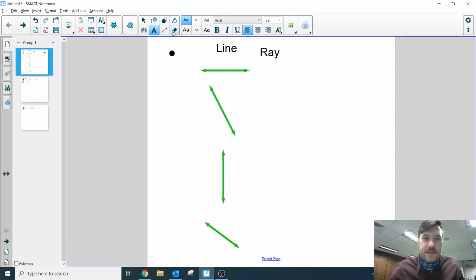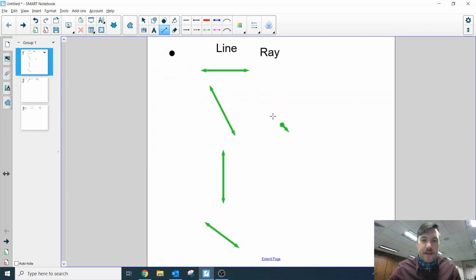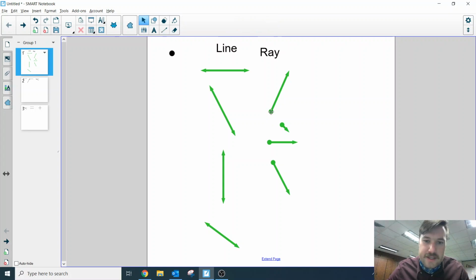Rays are a little bit different because rays start with a point, and then they go on forever in one direction. So this point here, this dot, is where our ray starts. So that's the beginning of our ray, and then it's going to go on forever.